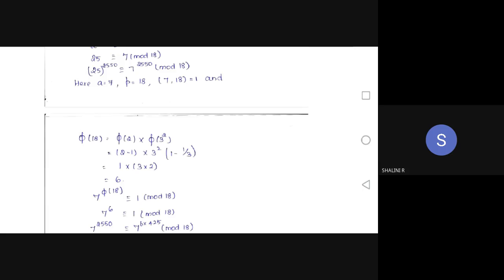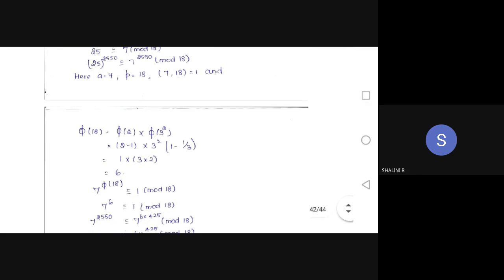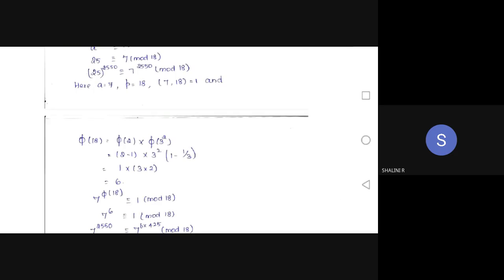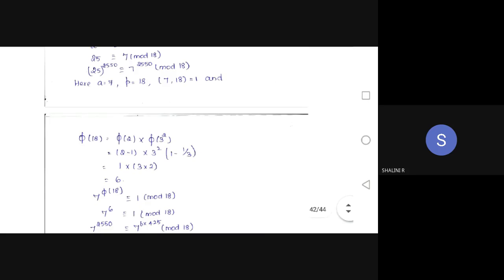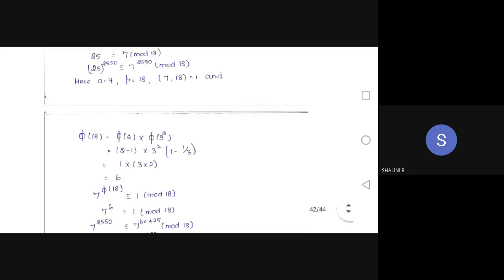Now consider 7 power 2550. 2550 is divided by 6, and you get the remainder 0. Therefore 2550 is equal to 6 times 425.